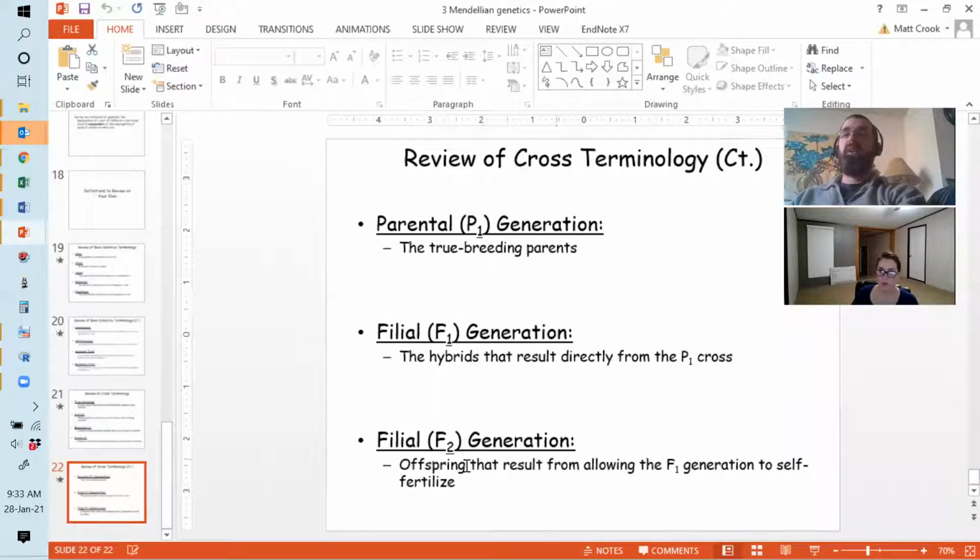So the same 3 generations, again, it's a very rigid structure. That's why if you change any of this, it's no longer a monohybrid or dihybrid cross. It's something else: back cross, test cross, linkage cross, whatever you want to call it. It's not a mono or dihybrid cross because that tells you exactly what's going on.